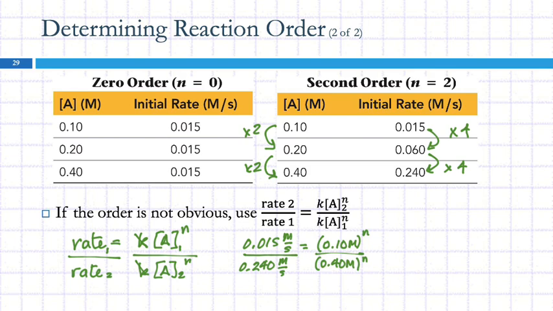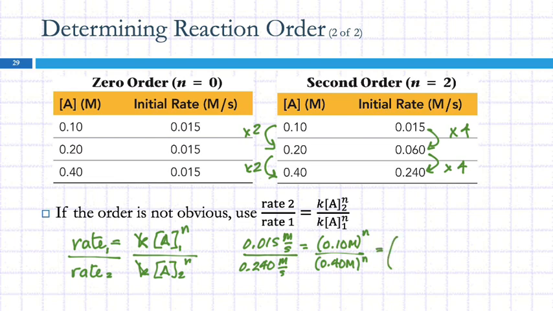So now we've got something where the variable is an exponent. You're going to run into a fair number of exponents in this class. And there's logarithms too. So just steel yourself. We can simplify this.